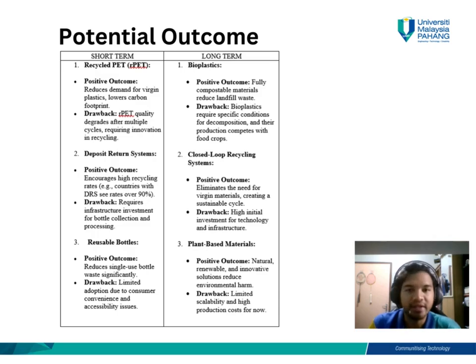So next, we go through the long term, which is the closed loop recycling. For the positive, it brings us to eliminate the need for virgin material and creates a sustainable cycle.